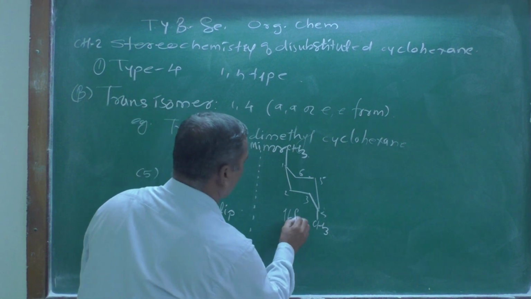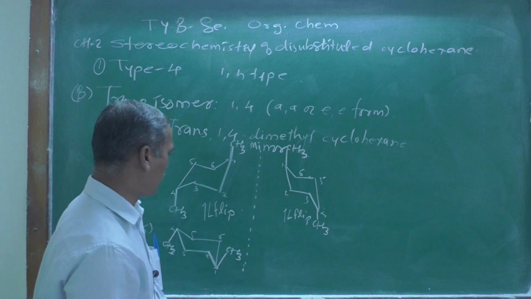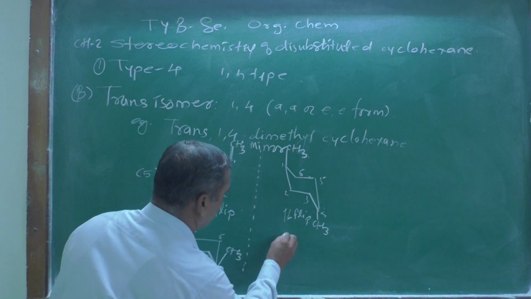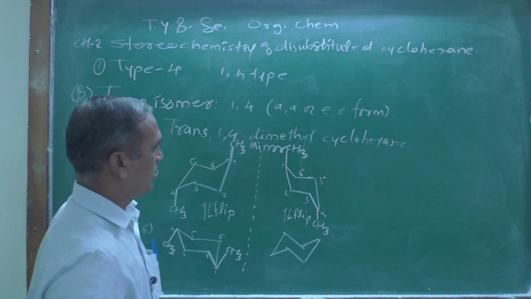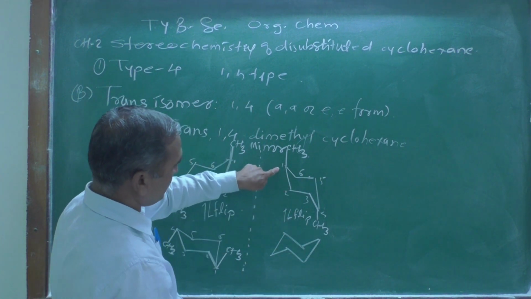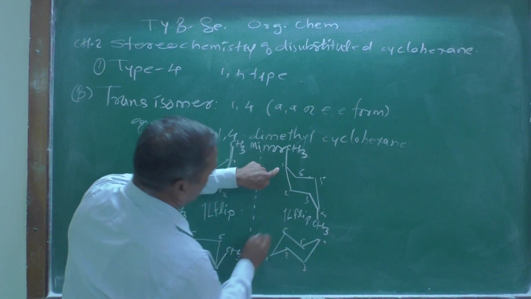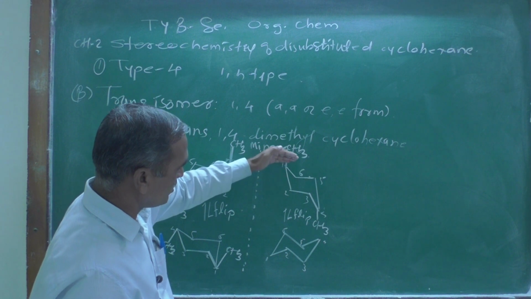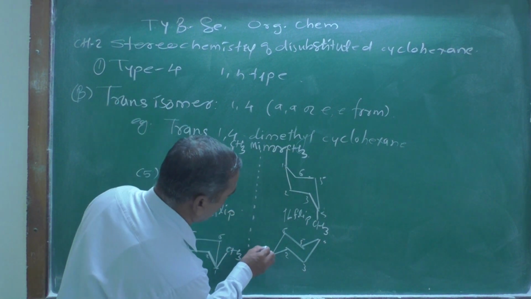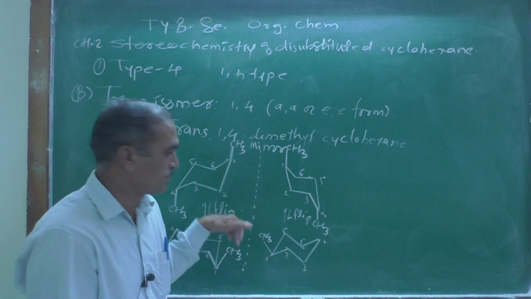As we know in flipping, axial becomes equatorial and equatorial becomes axial, and you get this structure. At carbon number 1, the axial group becomes equatorial, and the methyl group comes here.